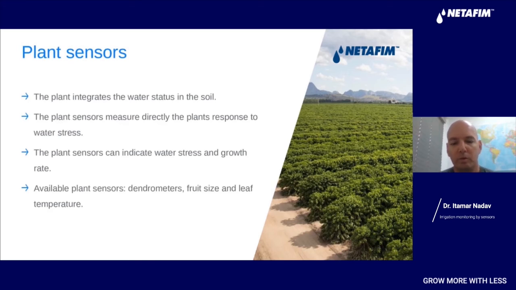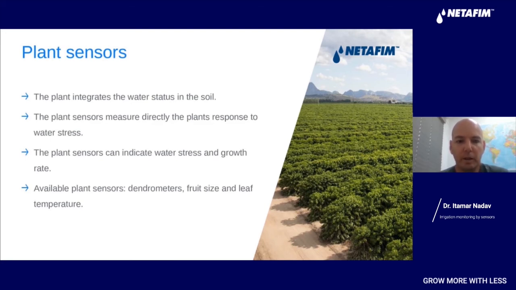So let's move on to the other family of sensors, which is the plant sensors. Plant sensors actually integrate the water status in the soil and measure what the plant feels. The plant sensor measures the plant response to water, some of it directly and some of it indirectly.